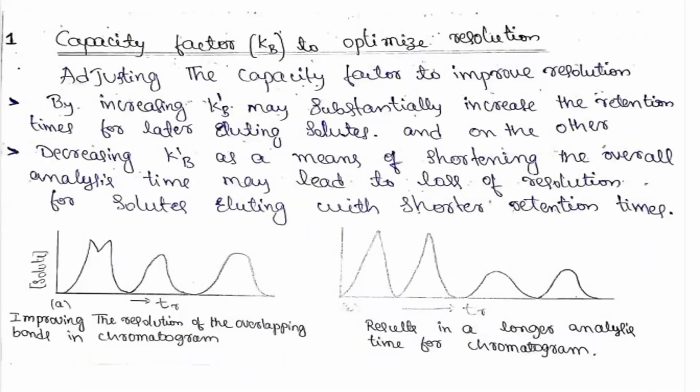First, capacity factor k dash B to optimize the resolution. Adjusting the capacity factor to improve the resolution by increasing k dash B may substantially increase the retention time for later eluting solutes, and on the other hand, decreasing the capacity factor as a means of shortening the overall analysis time may lead to loss of resolution for solutes eluting with a shorter retention time.